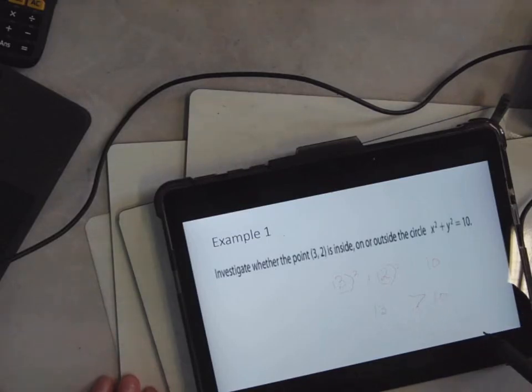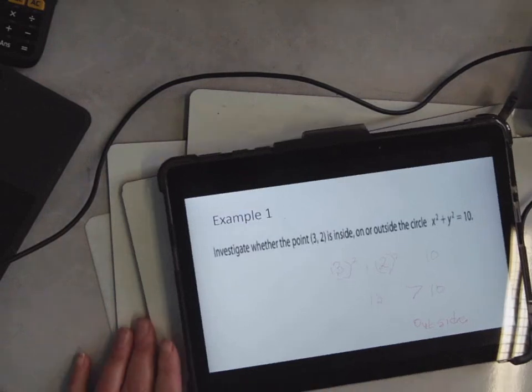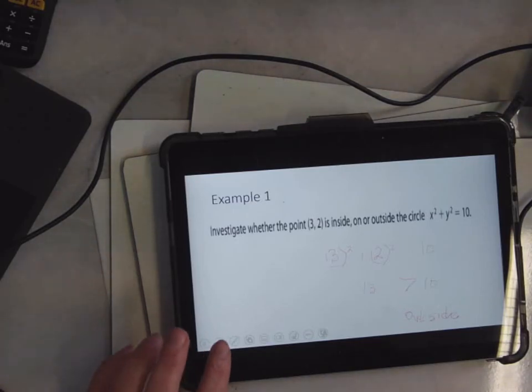What does that mean? Outside the circle. Couldn't be easier, yeah? That's why we were just doing one example of that, and we're moving on, because that's how easy it is. Is that alright?